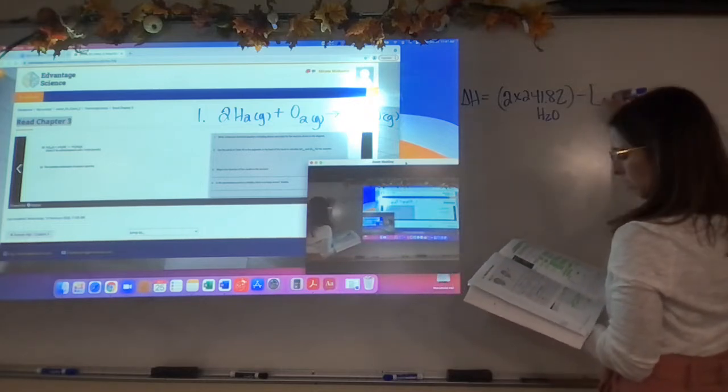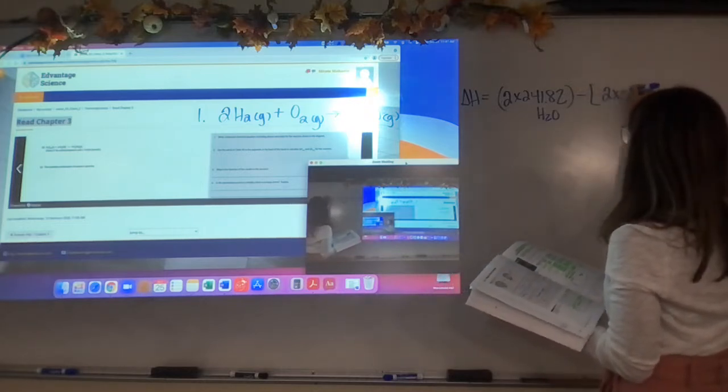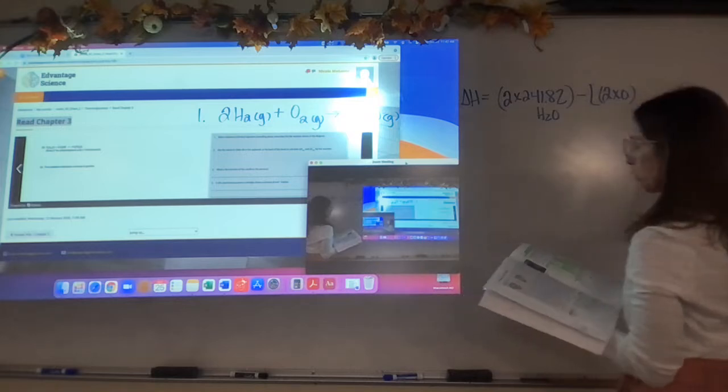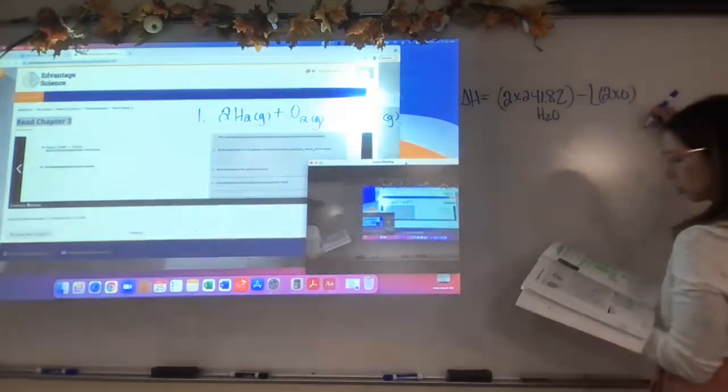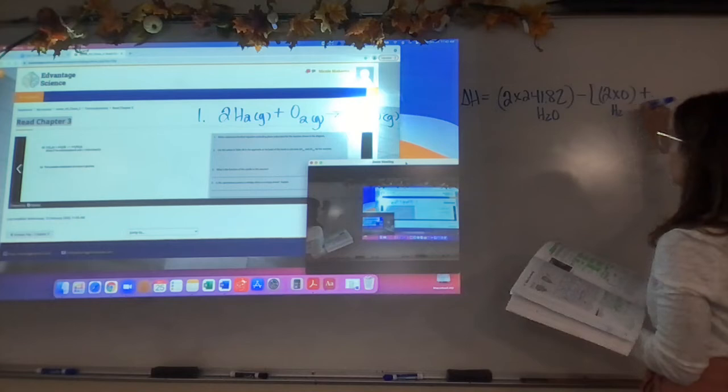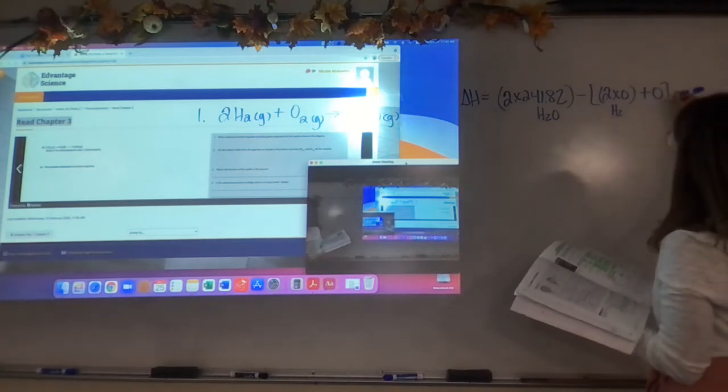So our hydrogen is 0. So it's 2 times 0 because of the coefficient of 2 in front of the H2. Plus we've got 1 oxygen, and that is also a value of 0.